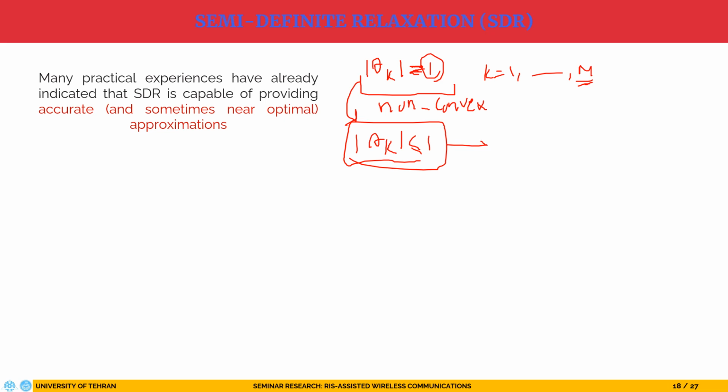But when the result is obtained, we should take it to a feasible set. For example, we can divide theta k star, the optimal answer obtained from CVX, by its magnitude.